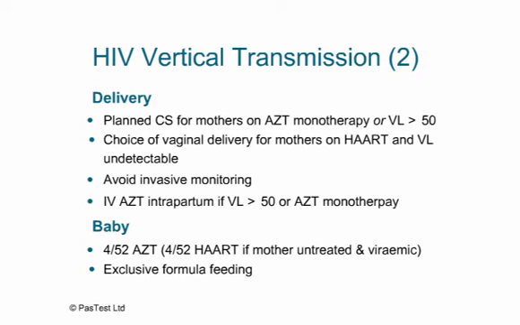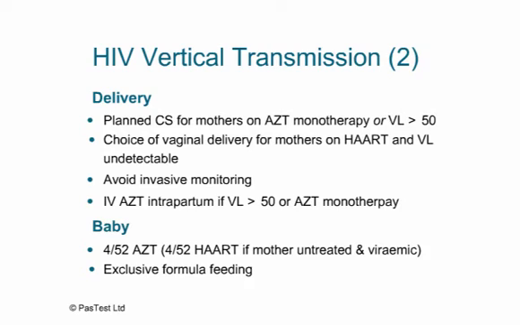If the viral load's less than 50, then a vaginal delivery should be safe and should be offered, even if the mother is on HAART and the viral load is undetectable. However, there are some caveats, and invasive monitoring should be avoided.